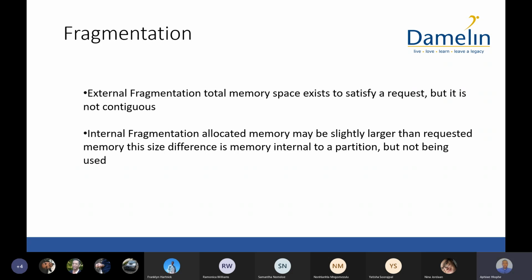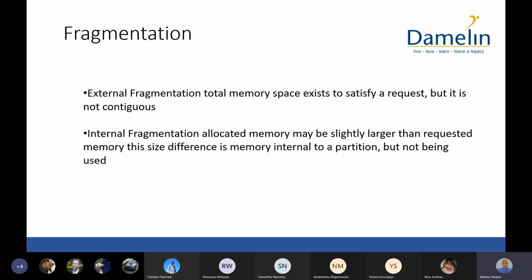I told you in the earlier slide what contiguous is: spaces not residing in one location and also not residing in adjacent locations. It splits between non-adjacent locations, hence we refer to it as non-contiguous, which is how we get external fragmentation. And internal fragmentation is when allocated memory may be slightly larger than requested memory. This size difference is memory internal to a partition, but not being used.